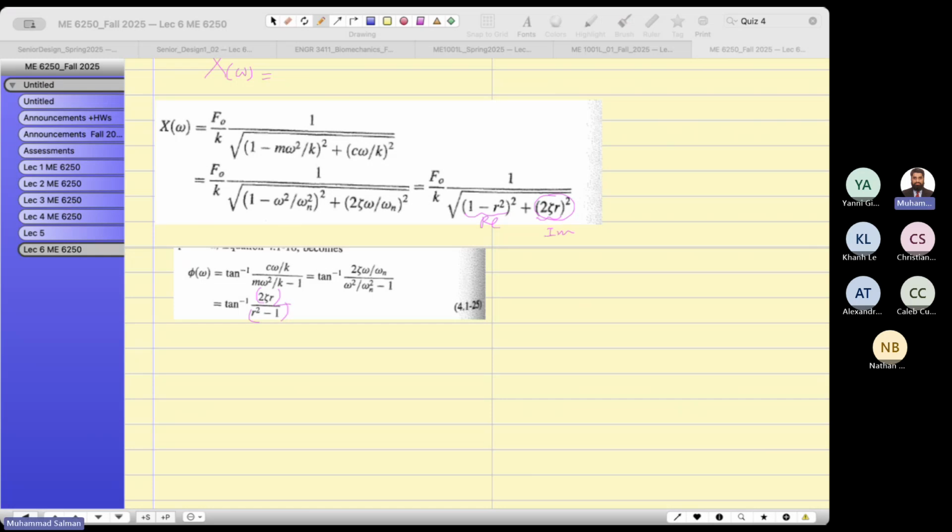And when you write this down, this is the magnitude of the output response.